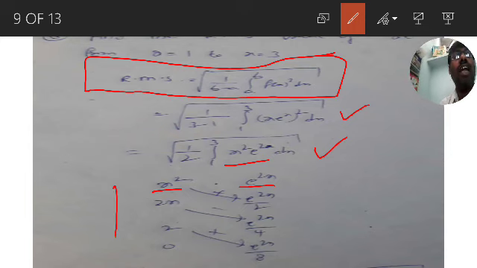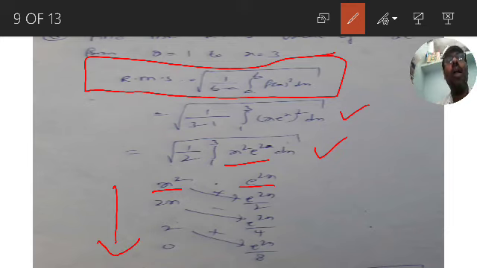So x square derivative is 2x, 2x derivative is 2, and 2 derivative is 0. E power of 2x integration: e power of ax integration is e power of ax by a, therefore e power of 2x by 2, 1 by 2 constant outside. Again e power of 2x integration is e power of 2x by 2, 2 into 2 is 4, 1 by 4 outside. E power of 2x integration is e power of 2x by 2, that is e power of 2x by 8.